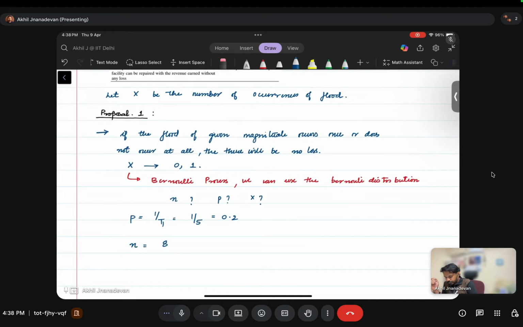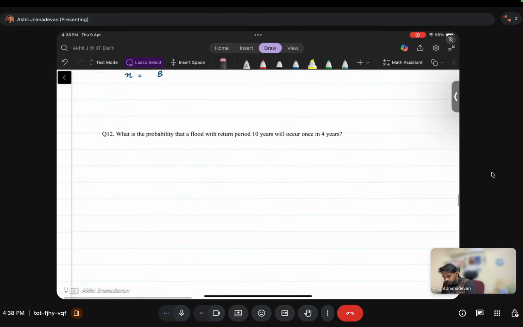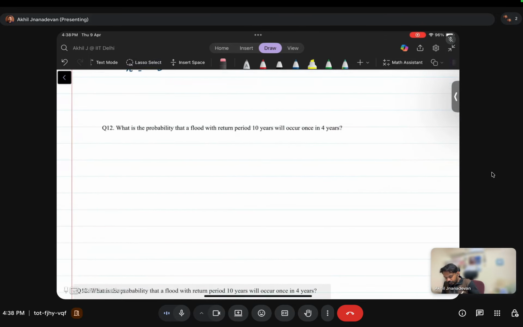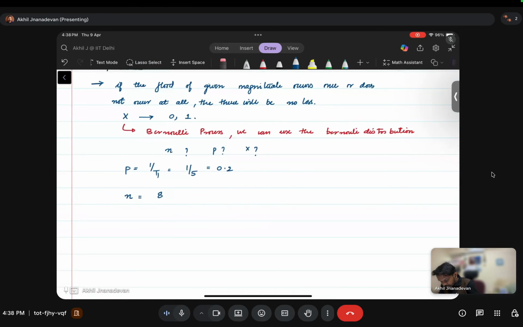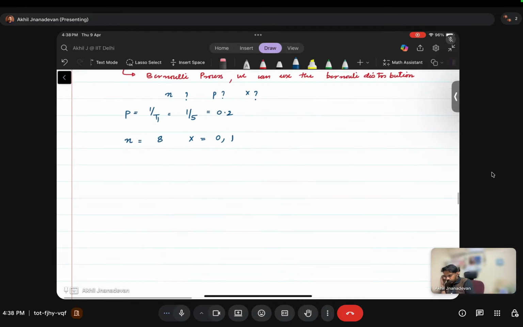So n will be equal to 8, and what is left is x. x is equal to 0 and 1, that we already know. So it should not occur, or it can occur once. These are the two possibilities of x, that is 0 or 1, right? So that particular probability is P of x equal to 0 and 1.